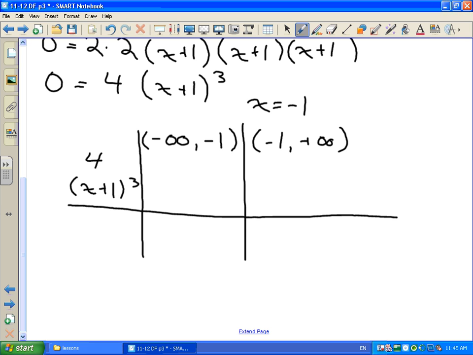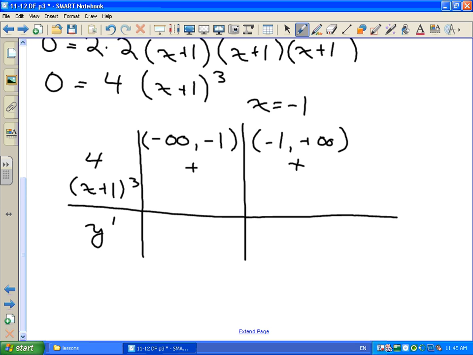And remember, the whole reason for setting up this chart is we want to know what the sign is of our first derivative here. So I'll do the first row because no matter what happens, 4 is always positive. What about x plus 1 cubed? How is its sign going to change as we go from -infinity to +infinity?